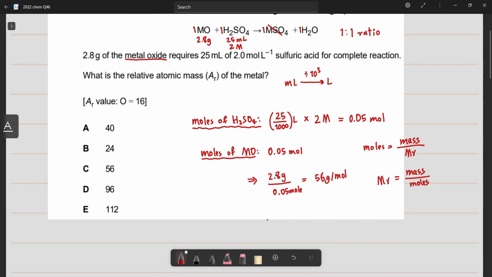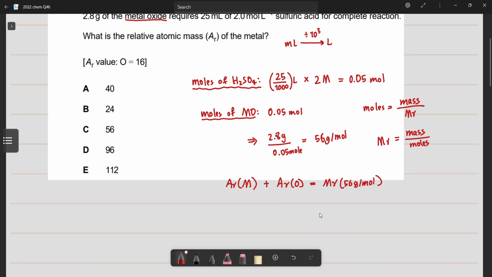So what I'm going to do is use the fact that I'm given oxygen. The Ar of this metal plus the Ar of the oxygen gives me the Mr, which is 56 grams per mole that we've calculated from the ratio with the sulfuric acid.